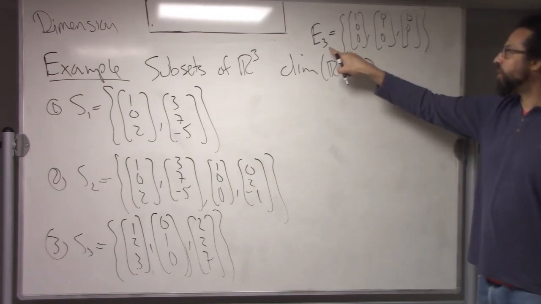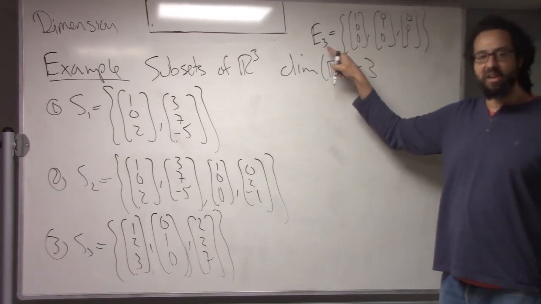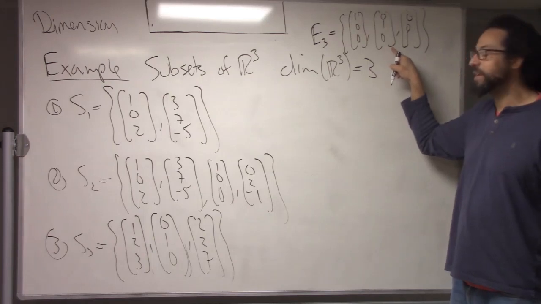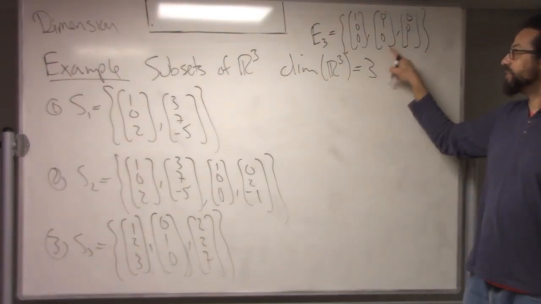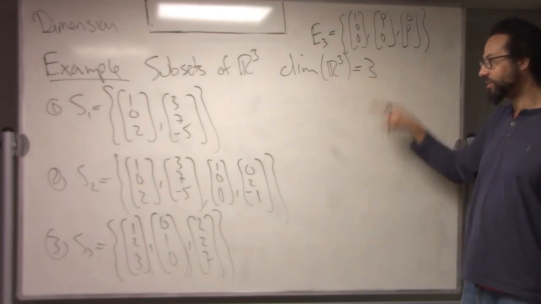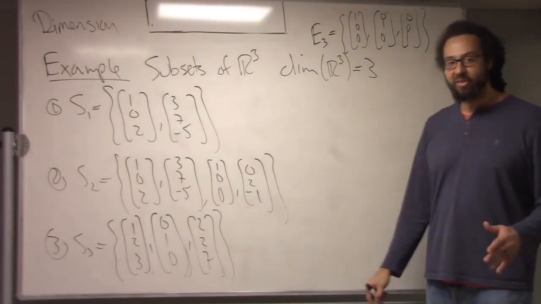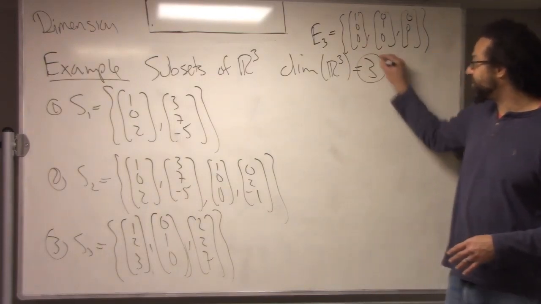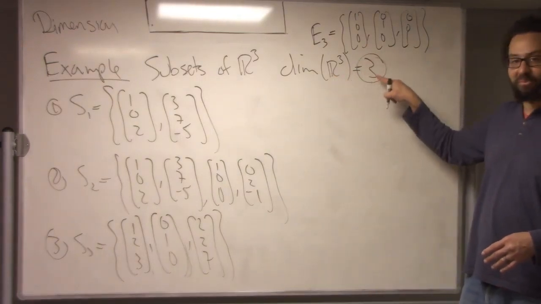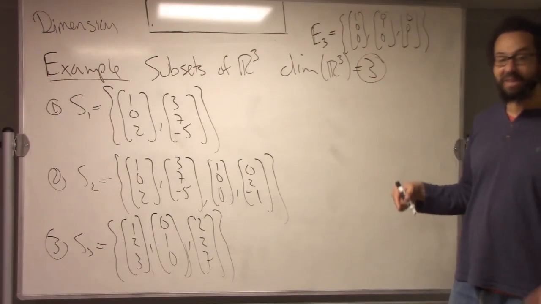And so we know because there is a single basis with exactly 3 vectors, we know that every basis must have 3 vectors. In other words, the dimension of R3 is equal to 3. So every basis must have the dimension of R3 many vectors in it, must have 3 vectors in it.